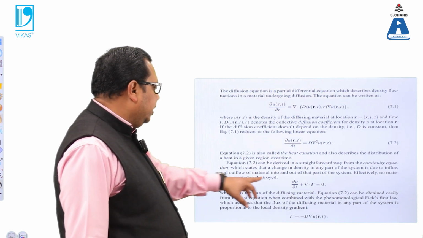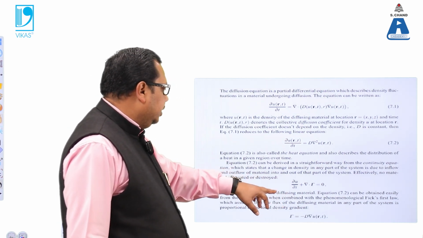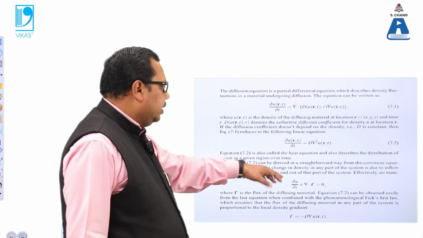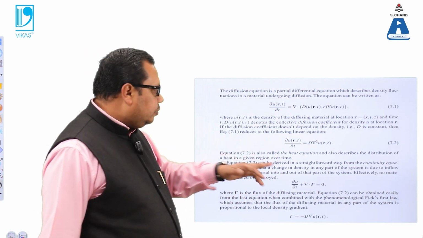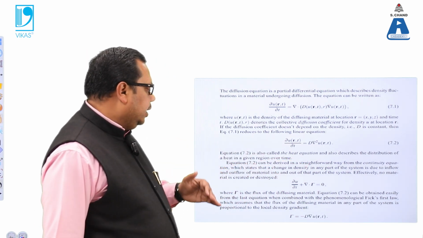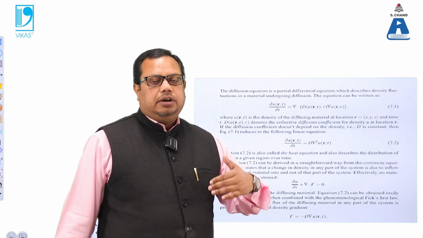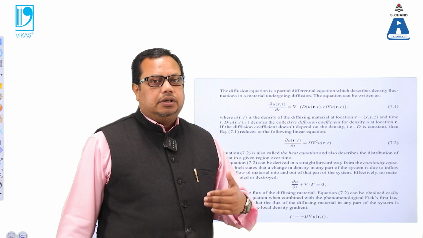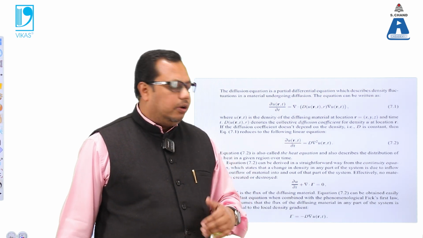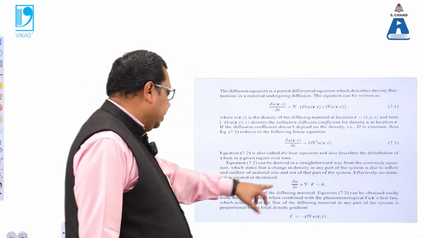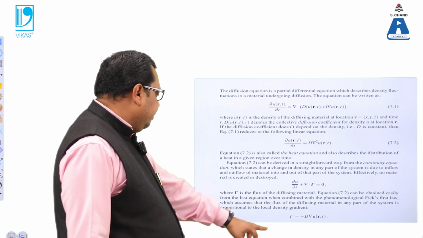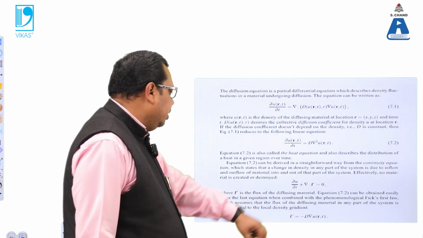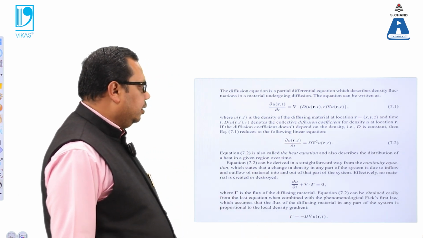So we have the equation du by dt. This equation basically calculates the continuity equation, that whenever there are diffusion changes going on or heat dissipation changes going on, we can calculate them by this formula, and here we can calculate the flux of the diffusing material.